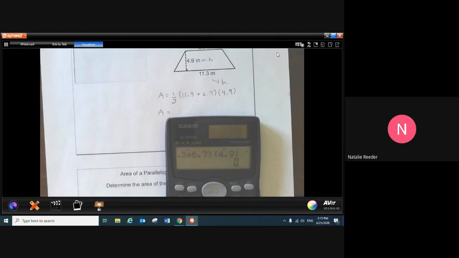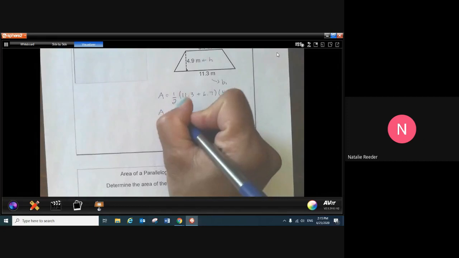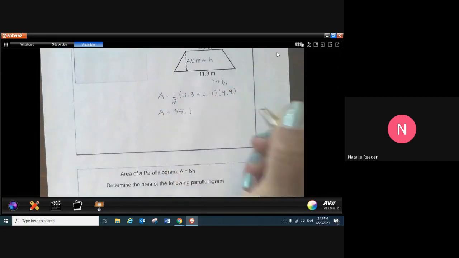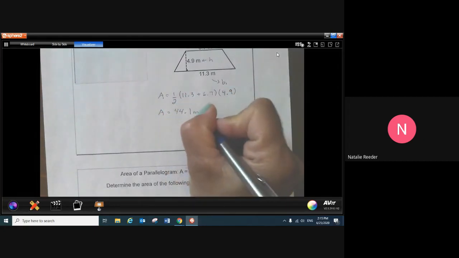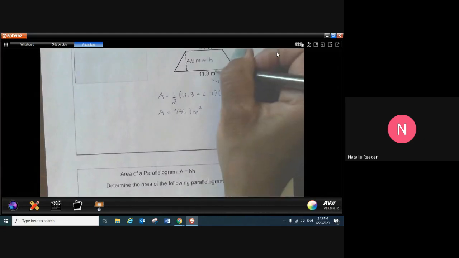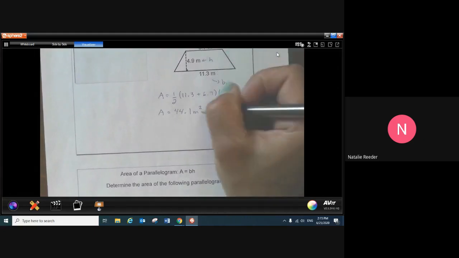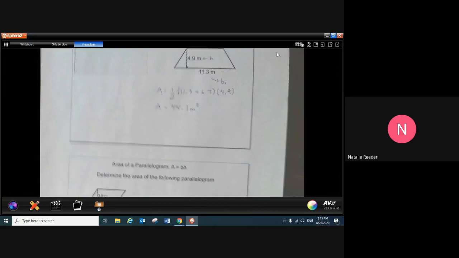Make sure we plug in all the same brackets, and then it gives us 44.1. That means that our area is 44.1 meters squared. Make sure you identify the proper unit of measure. Here it's in meters, so we're going to write meters squared.